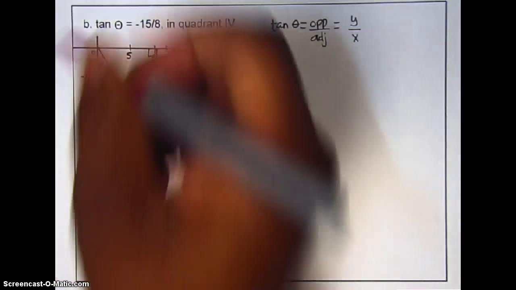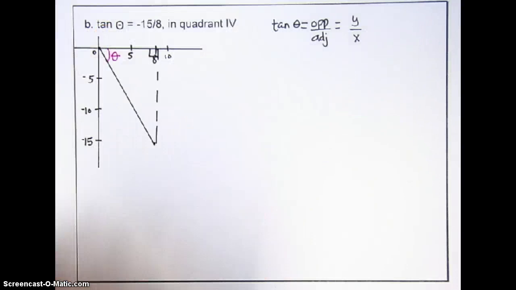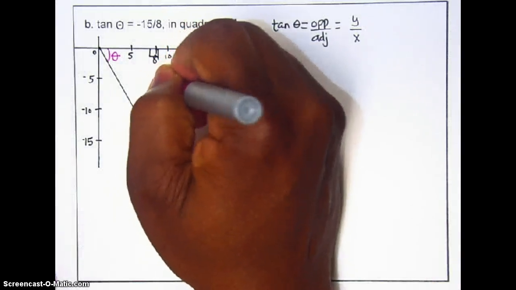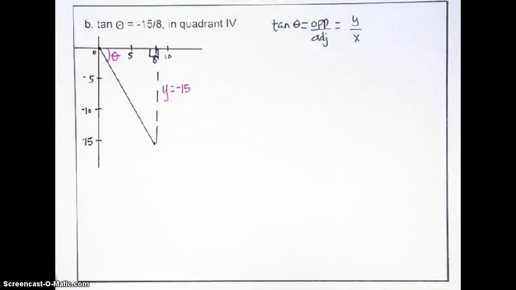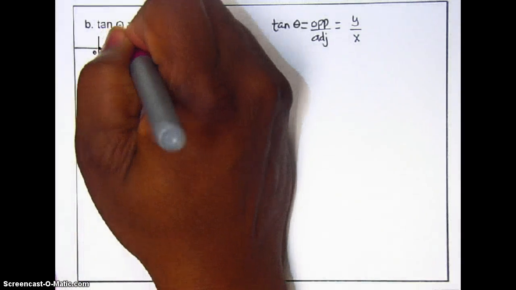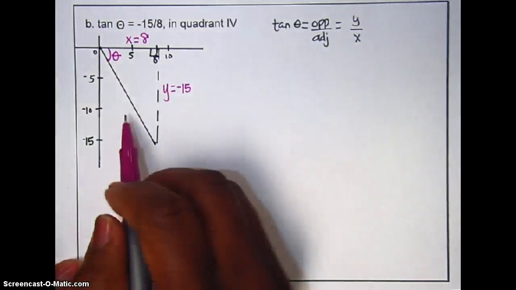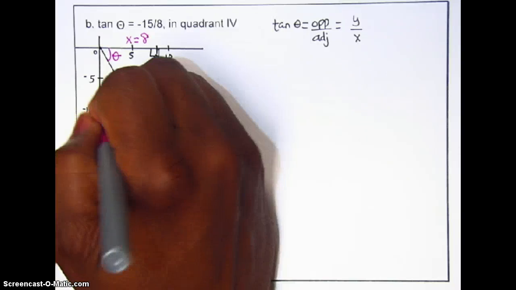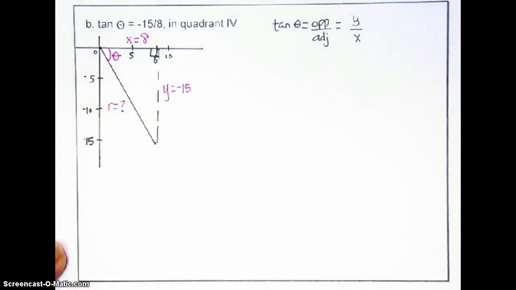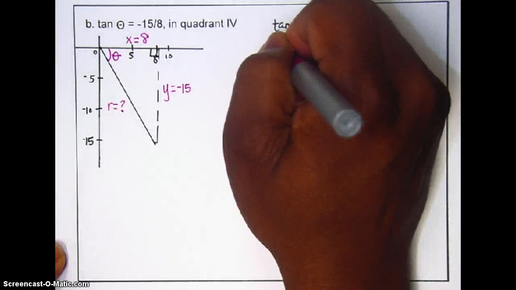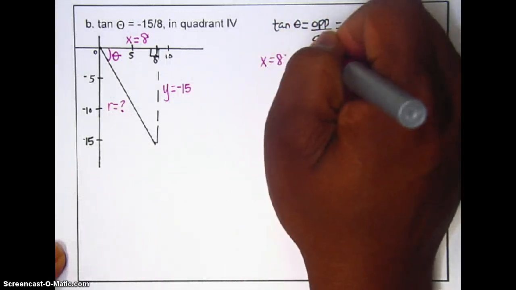Again, understanding that theta is measured with the closest horizontal axis. And so again, to make some things clear, my y coordinate is negative 15, negative because I'm going in the negative y direction. My x coordinate is positive 8. Once again, I'm missing the r, which is the radius or the hypotenuse of the triangle itself.